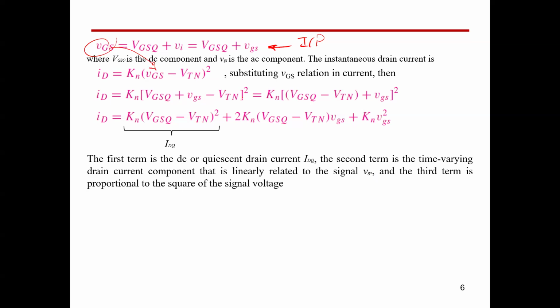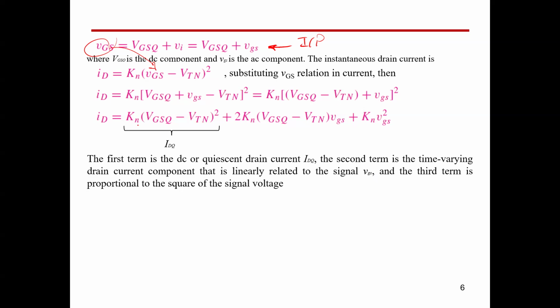So let's have the DC parts together, VGSQ and VTN together here. This is DC, and vgs is the AC signal. Since this is squared, let's get the equivalent of this relation.